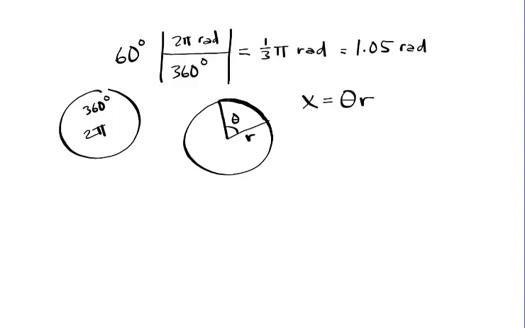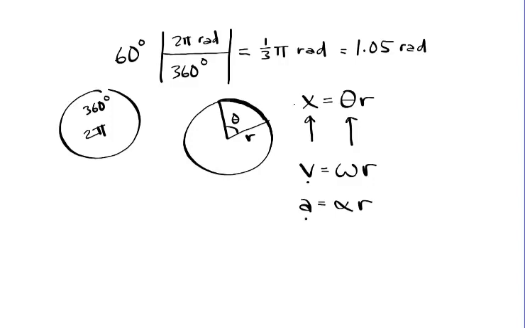This is a really important relationship because you are going to have to be able to go back and forth between linear quantities and angular quantities many times. There are also other relationships like this for speed and acceleration. A linear speed is equal to the angular speed times the radius. A linear acceleration is equal to the angular acceleration times the radius. So you see there's a pattern here. If you just take the angular quantity in radians, or radians per second, or radians per second squared, and multiply it by the radius, you suddenly have your linear counterparts.